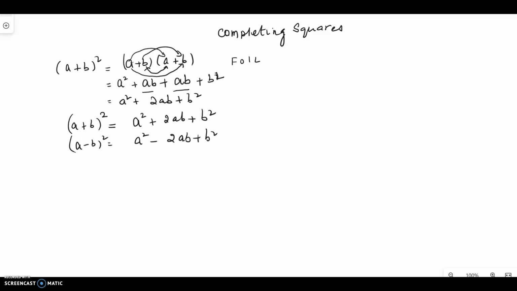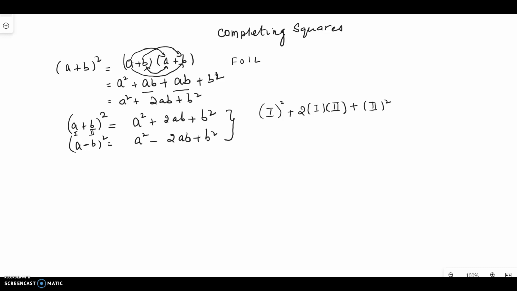So if we have to think of the pattern, this is how it is. We have the first term plus the second term. So this is how the pattern works. It's square the first term plus 2 times the product of the first term and the second term plus square the second term.